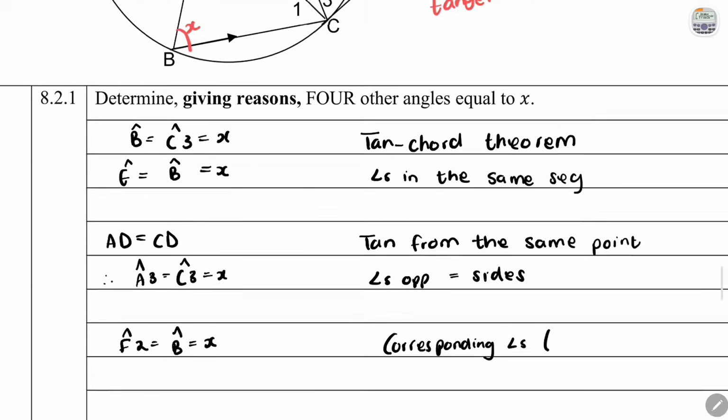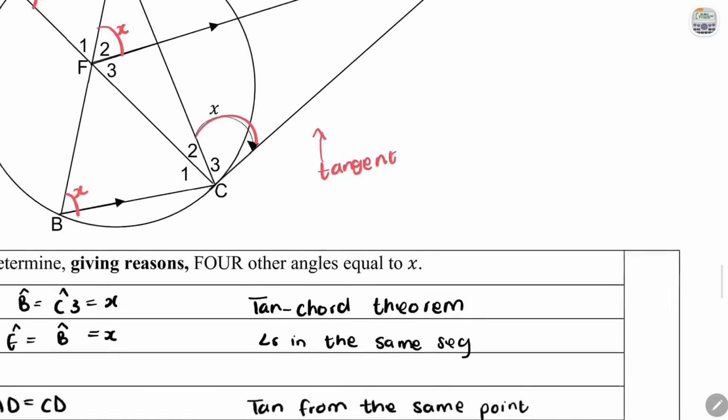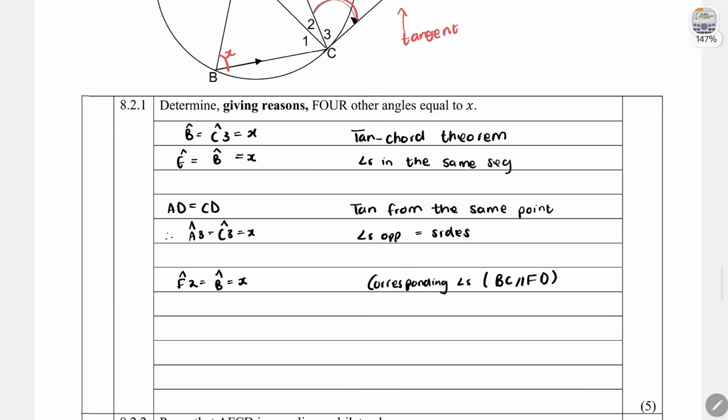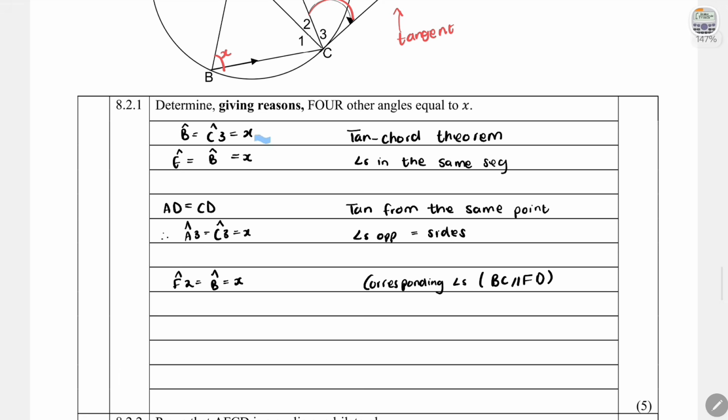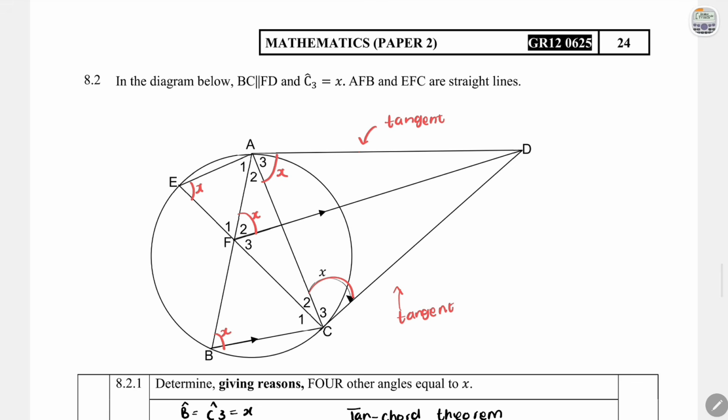You can also just tell them the lines that are parallel, that is, BC is parallel to FD. And that is our answer. Those are the four other angles that would be equal to x, had they told us that these two lines are actually tangents.